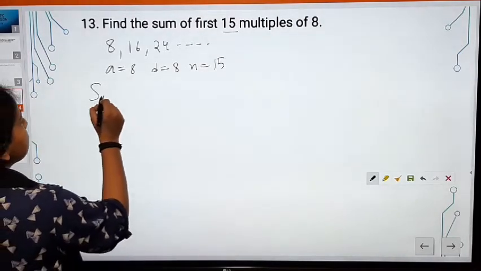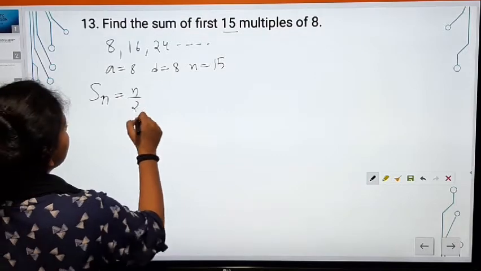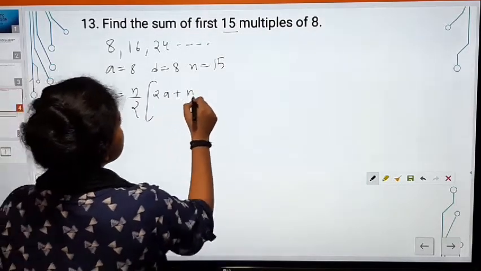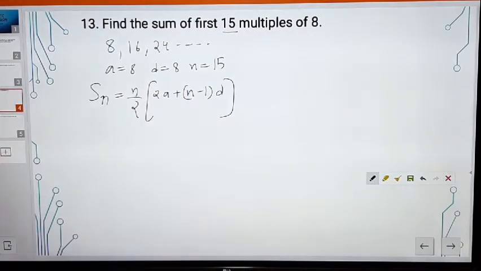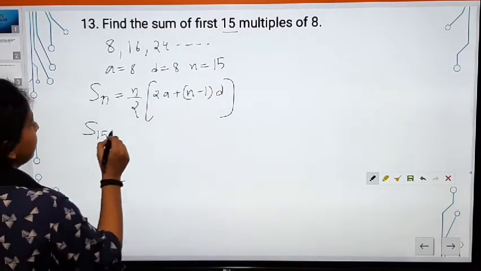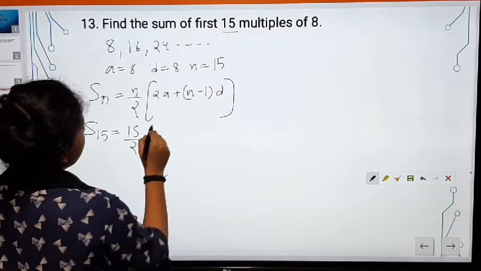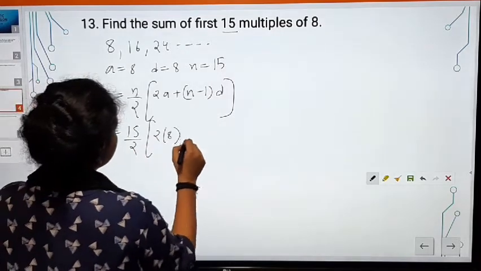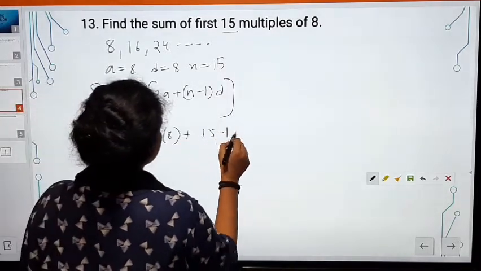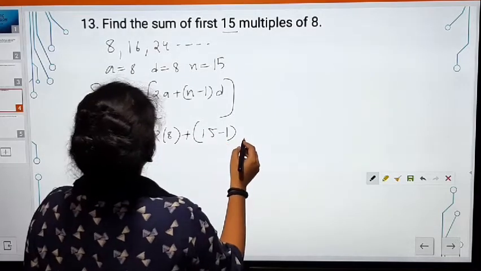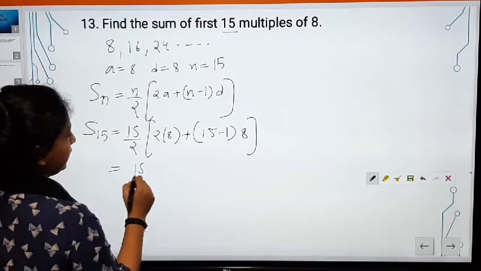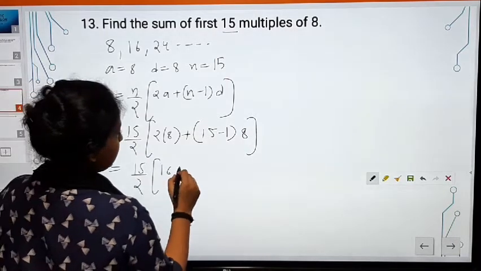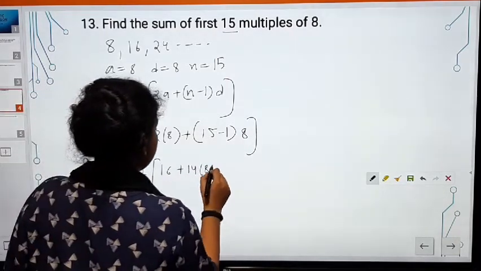Now Sn equals N upon 2, 2A plus N minus 1 into D is the formula. Keeping all these values in this formula, we get S15 equals 15 upon 2, 2 into 8 plus 15 minus 1 into 8. That is 15 upon 2, 16 plus 14 into 8.